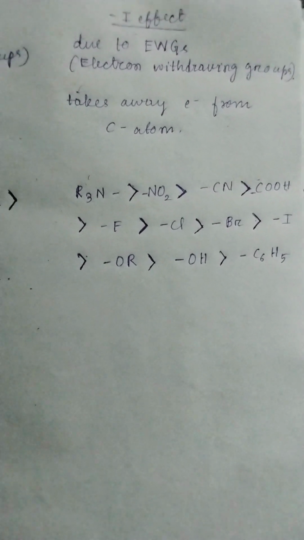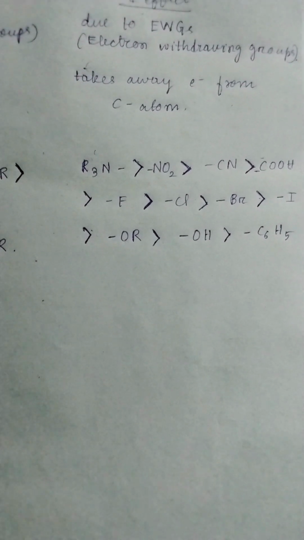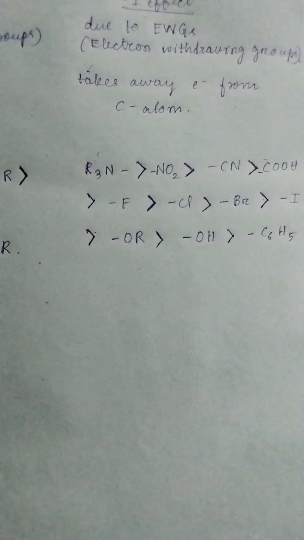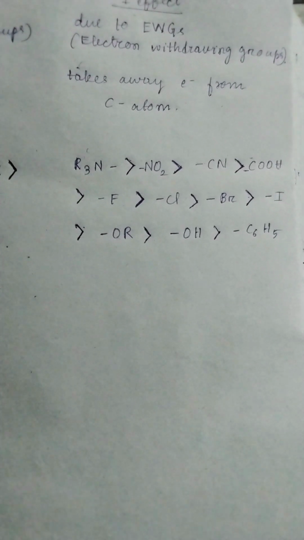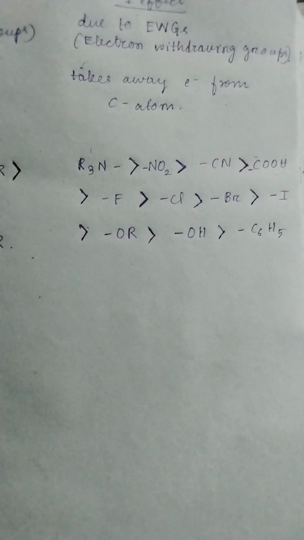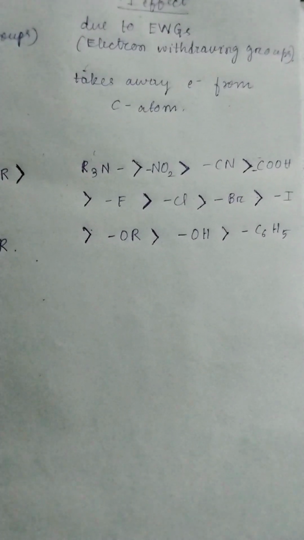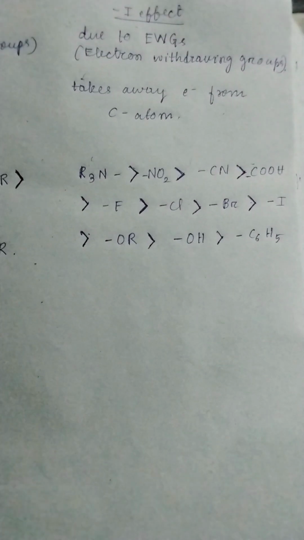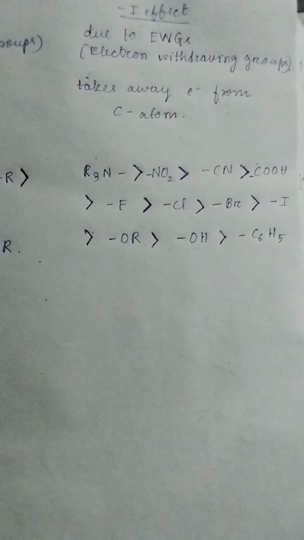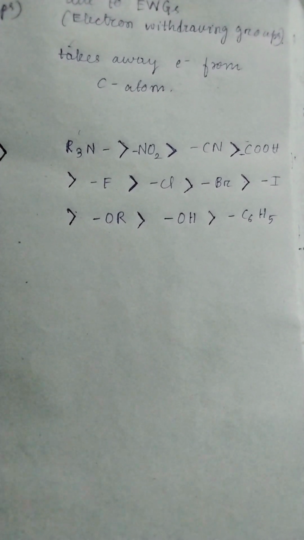And because over here the withdrawing groups are taking away the electrons, taking away the money, the carbon just wants to get rid of the EWGs, electron withdrawing groups, as soon as possible. All right. So over here another sequence of increasing order of the electron withdrawing groups is given that you can memorize.